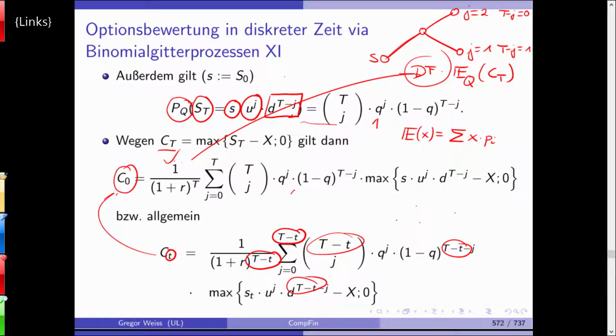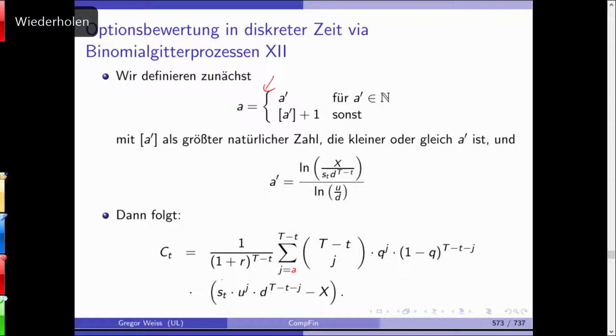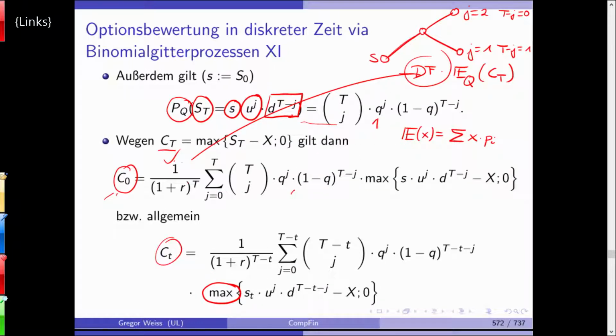Look at this. Now if we look at CT here, the price of the option at a given point t, we still have this maximum function here. And now look at this. It's the same, CT here and CT here, they stay the same.